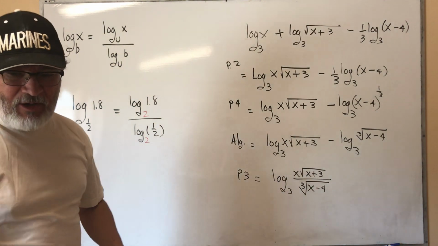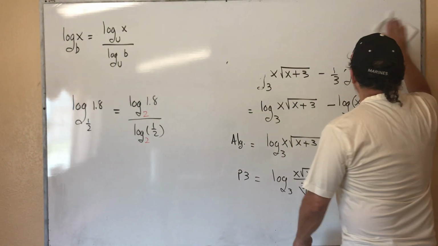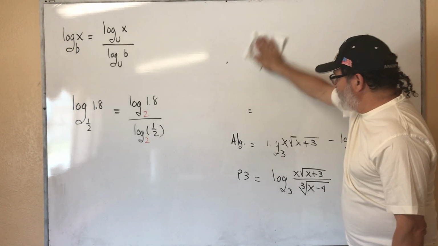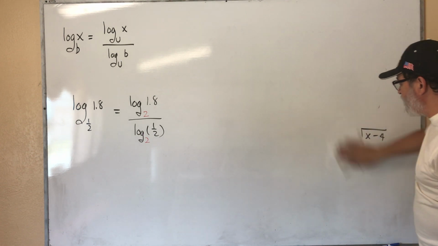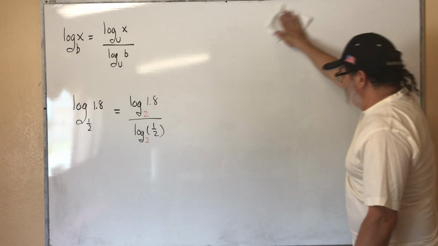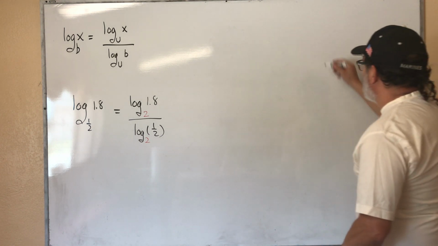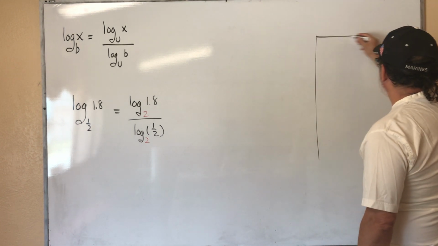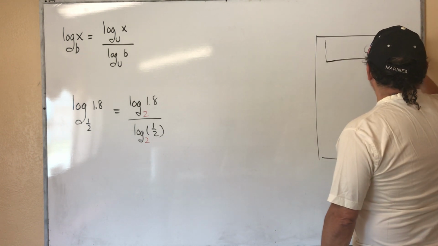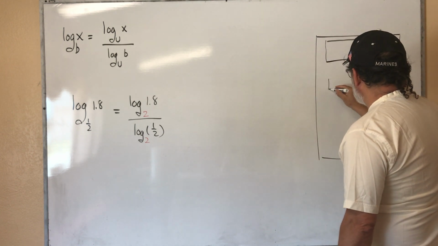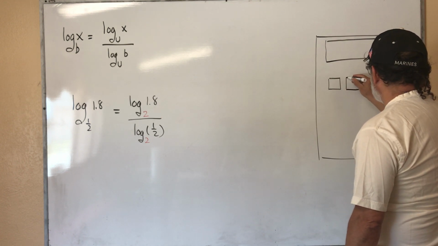Remember what your calculator has? Remember? I showed you earlier. Your calculator either has base 10 or base E. Okay? Your calculator. This is the window. This is a key. And here's another key next to it.